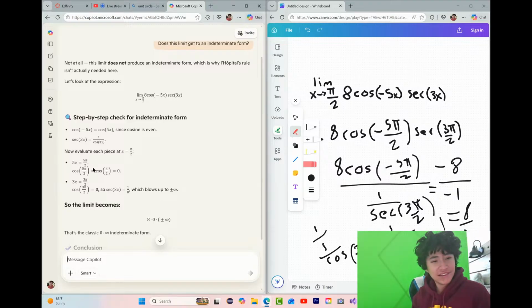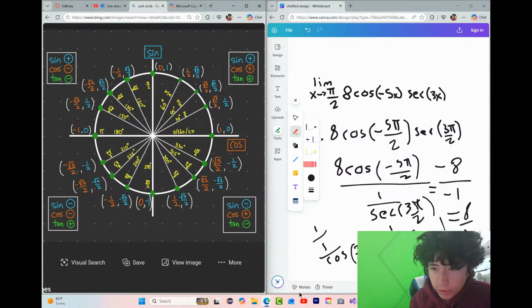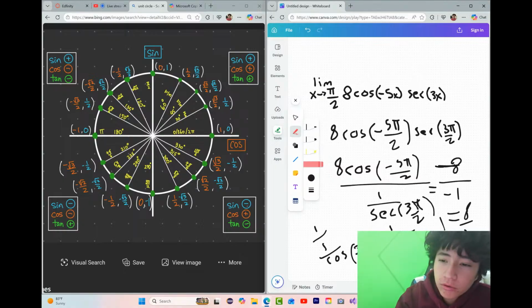Wait, what? Cosine is... no! No way we actually got that wrong. This is not negative 1. This is 0. This is 0. Oh, that's why.